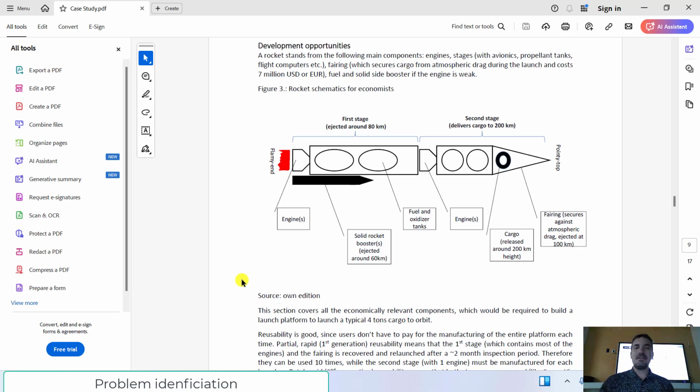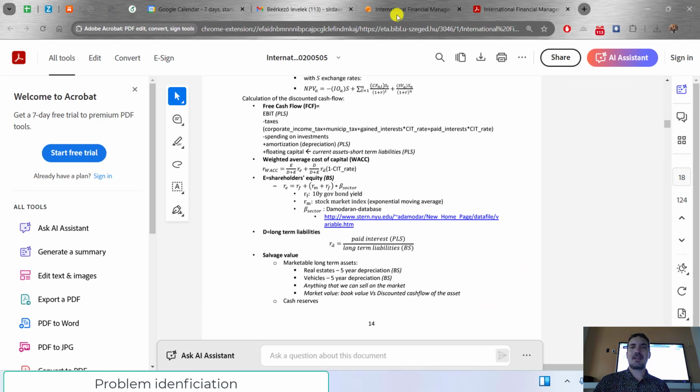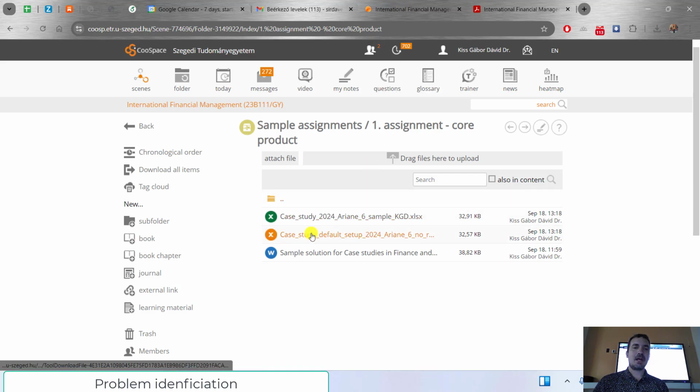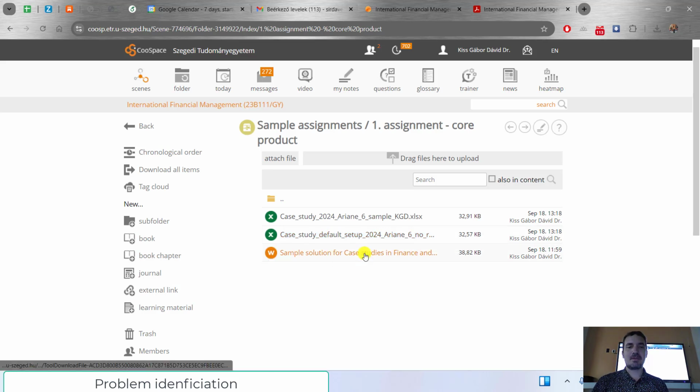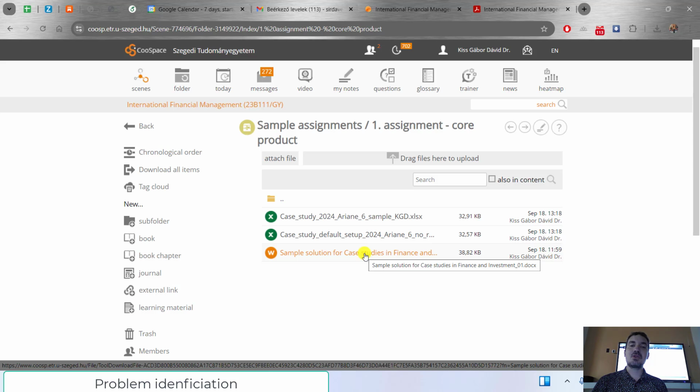Okay, so if we check CoSpace, from last week I uploaded all the Excel sheets, so you can find the sample, my solution, and also the default setup, which is the original company without any modification, just the terrible profitability. This is the sample solution for case studies in finance and investment.